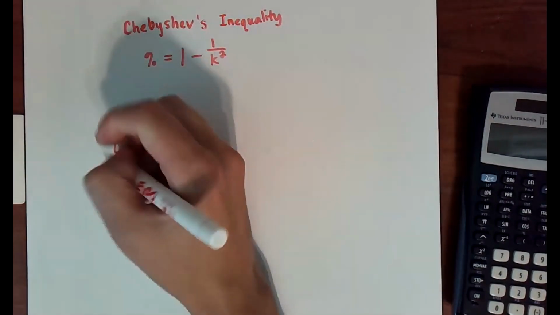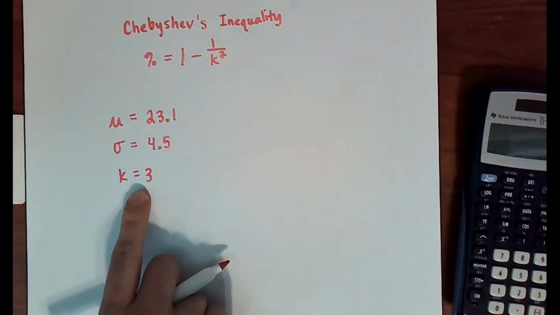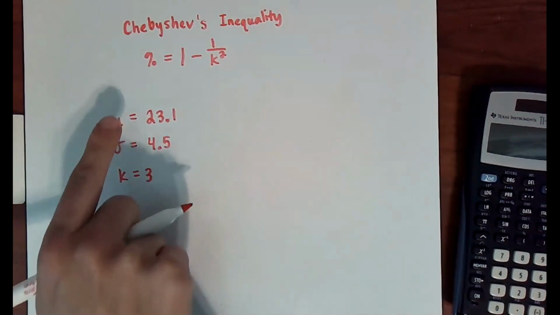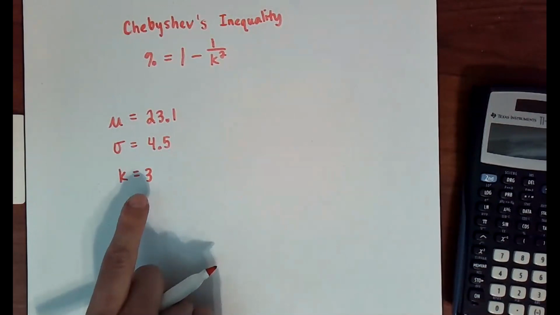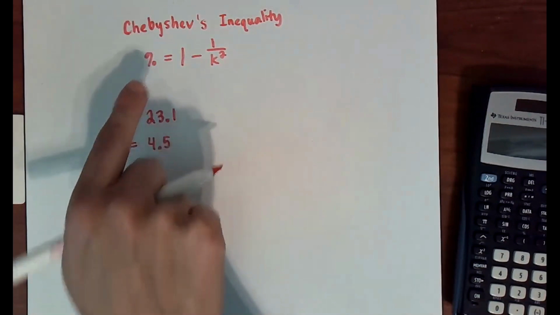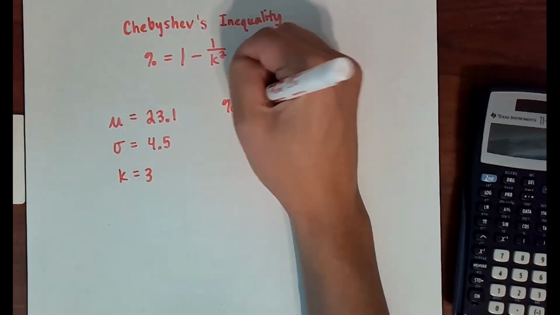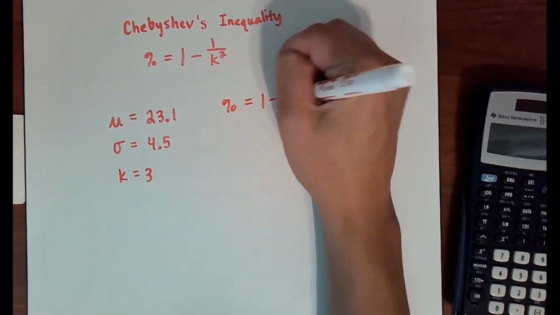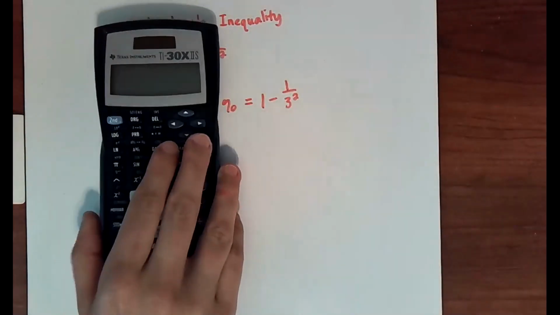I didn't jot down that they told us k is 3, so that's important. So I've got my mu, I have my sigma, and I have my k. The first question they wanted to know was the percentage. They told us k, so we're going to put in 3 for k, and then I'm going to go to my calculator and let my calculator calculate this for me.